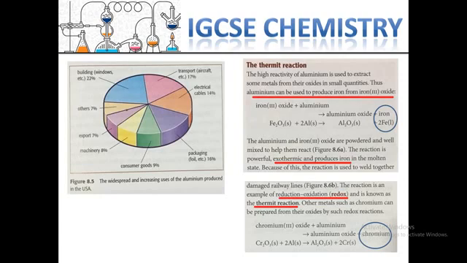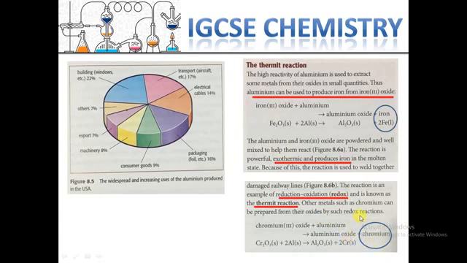This is called the thermite reaction. The thermite reaction is a redox reaction which can be used with aluminium to produce iron. It can also be used with the same strategy to produce chromium.